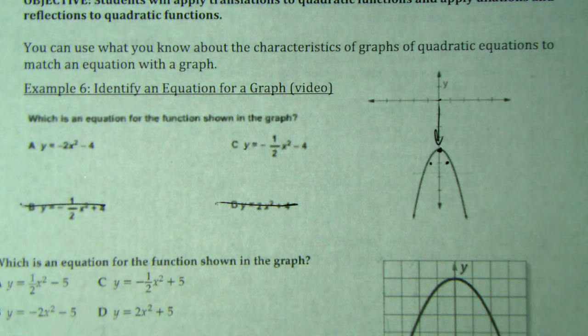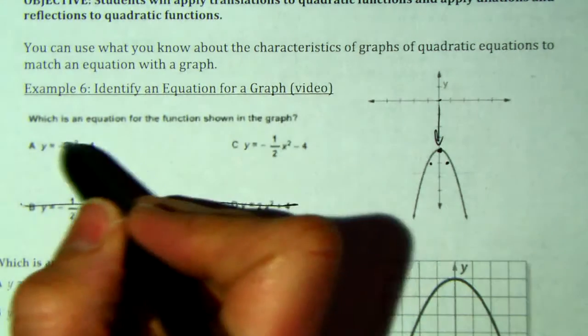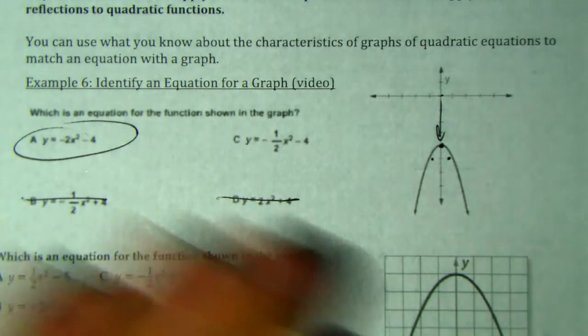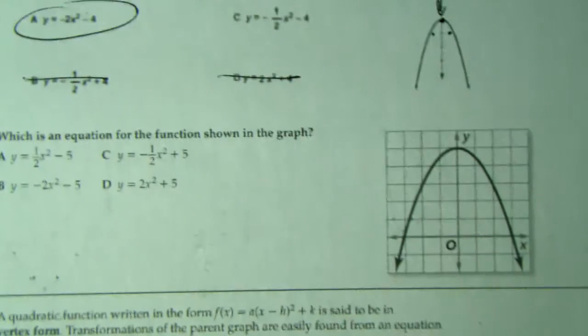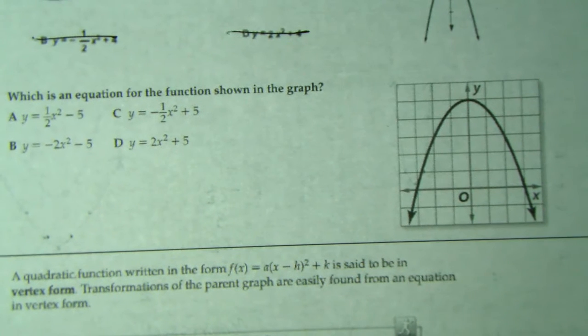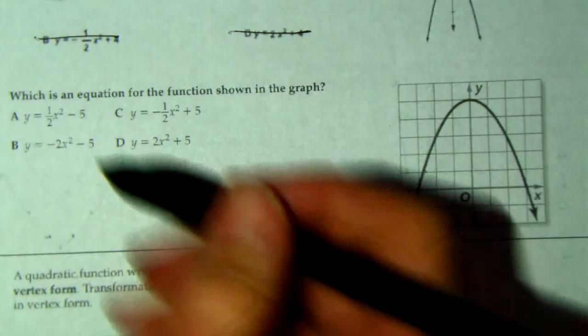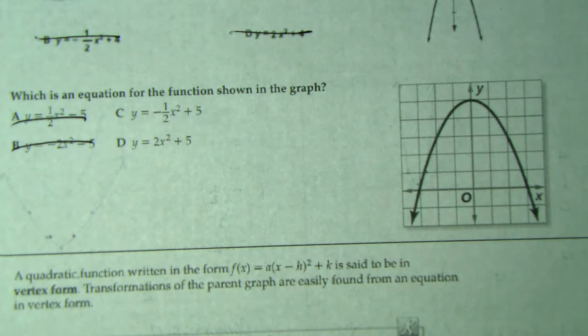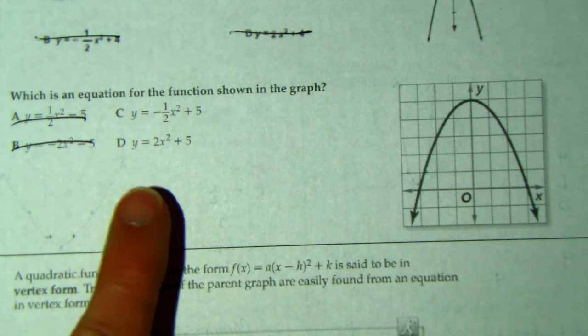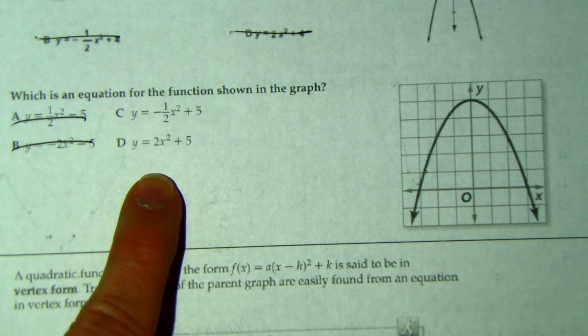Let's look at this one because it's way easier. First of all, you can eliminate these 2, right? And then, well, it goes down, right? So this has to be negative. Wait, what do you mean it goes down?